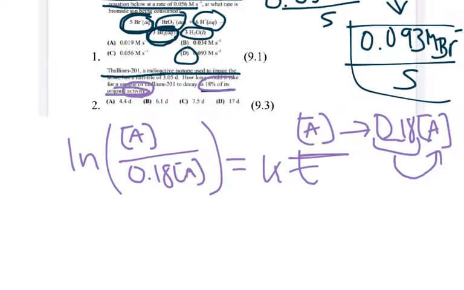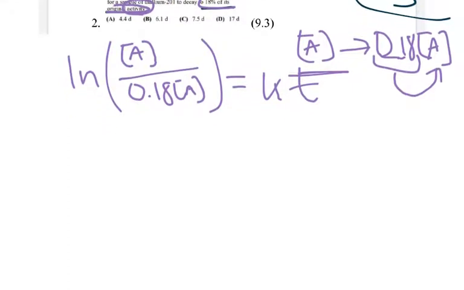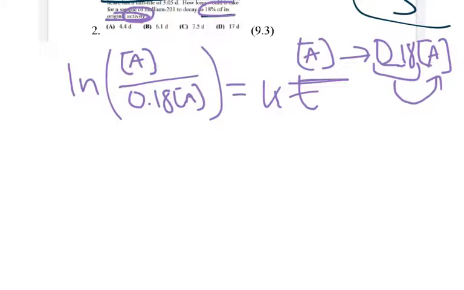Now, how do we find K? Well, we know the half-life, and we know that for first-order reactions, the half-life is always constant. There's a special formula that we can use to calculate K from the half-life.